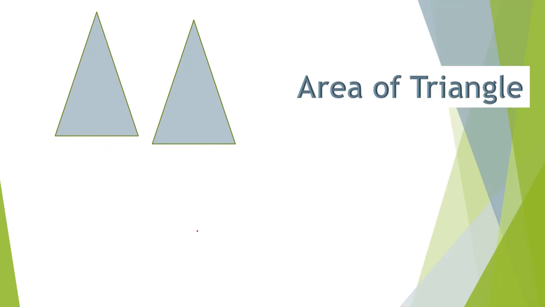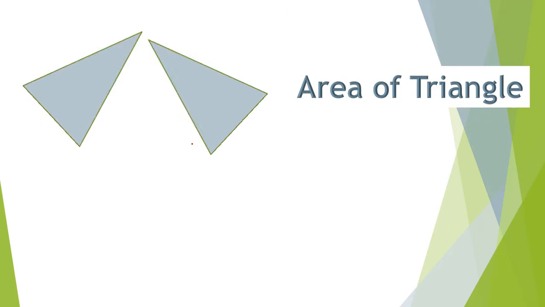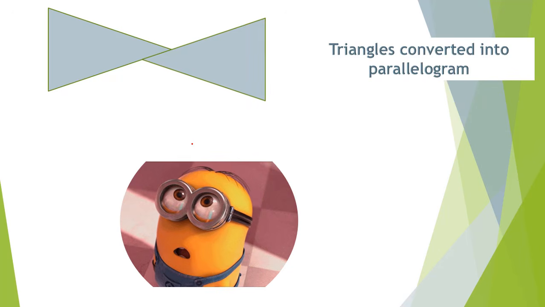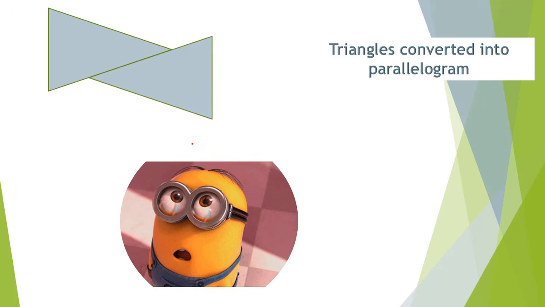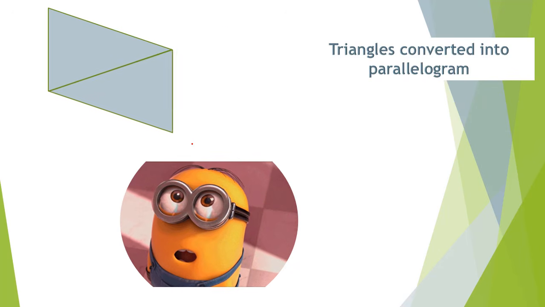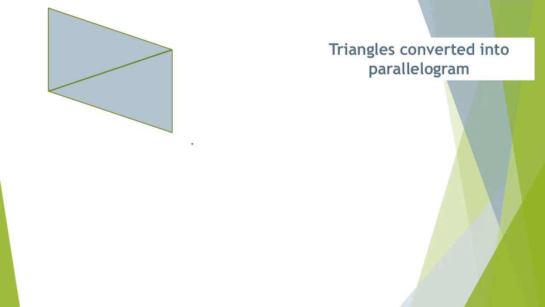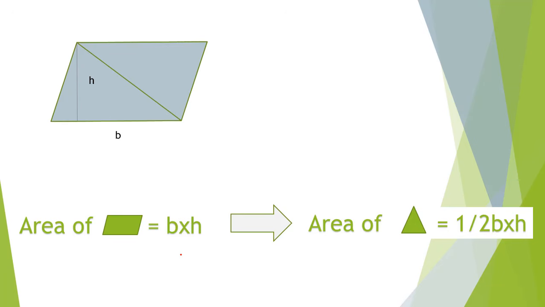For the area of a triangle, we have an interesting story. Let's see what we can make with these two triangles. Two triangles can be joined to form a parallelogram. And we know the area of a parallelogram is base into height. There are two triangles inside a parallelogram.